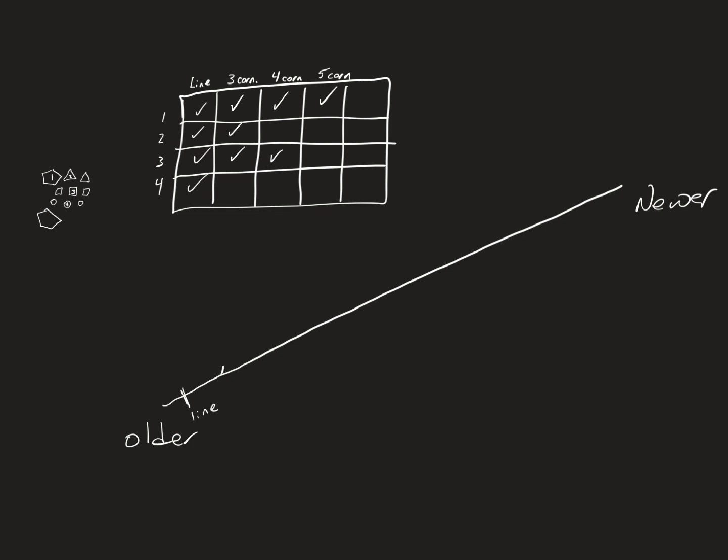So branching off this common ancestor, at this point, this creature, whatever it was, had a line, but then a bunch of different evolutionary steps later, you ended up with a creature that had three corners, the triangle.